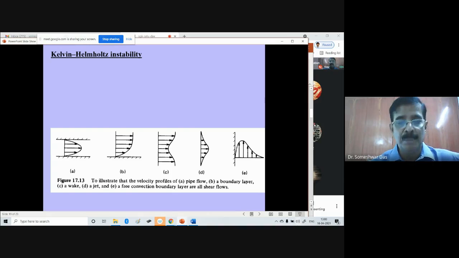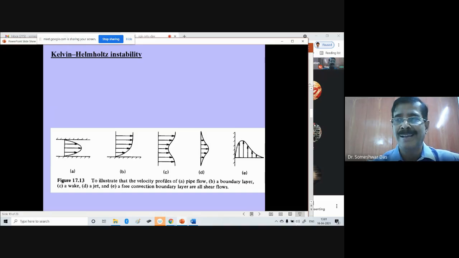In the atmosphere, again, there can be instability because of the wind shear. And in such kind of instability, the flow pattern is wavy in structure, like a wave.